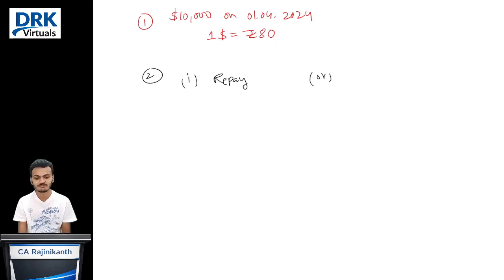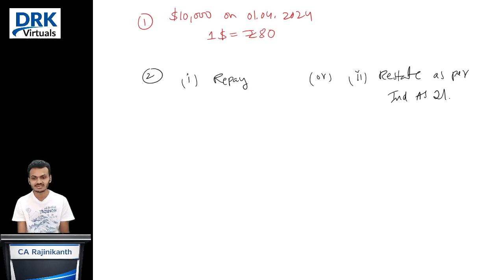If we don't repay, what we need to do? We should restate as per Ind AS 21, correct? There is a requirement from Ind AS 21. What is that? All monetary items should be restated at closing exchange rate at the end of the reporting period.